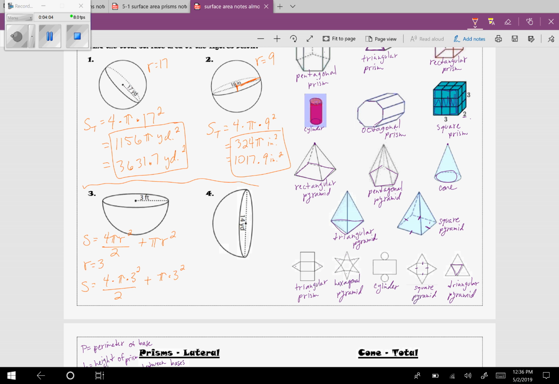You get 18, and that's pi, so 18 pi plus, and over here we have 3 squared, which is 9, so 9 pi. So 18 pi plus 9 pi is 27 pi. To get that to the nearest tenth, you just do 27 times pi, and when you round it, you get 84.8 feet squared.